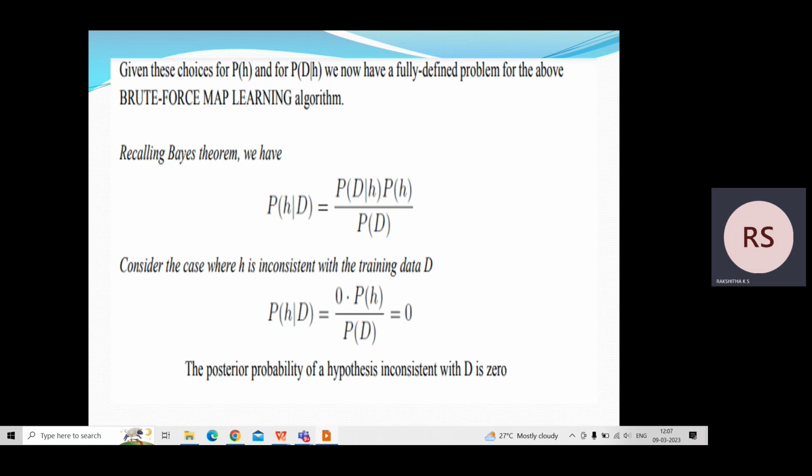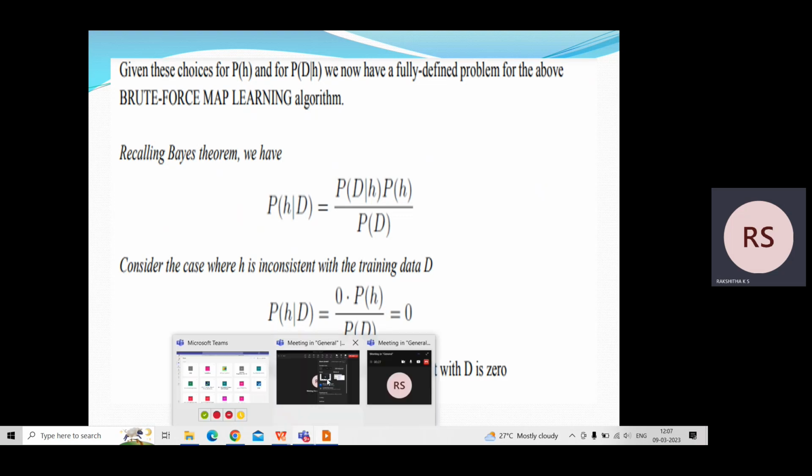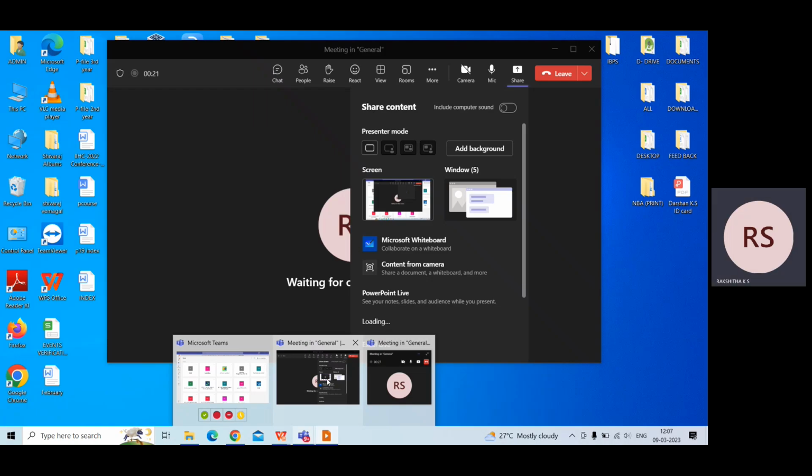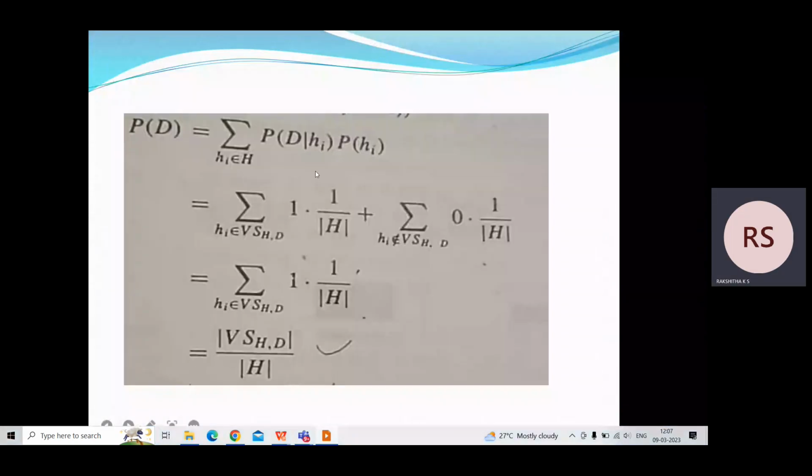So now the entire posterior probability of the hypothesis is nonzero only if it is consistent with D. Next, in place of D given h, we have given 1 over the size of H. If it is 0, the complete term will become 0, and this is the only value.